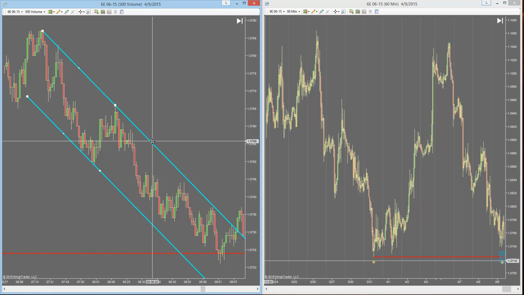It's just an illustrative channel here. This is what I'm looking for: if it stayed like this and we started making a higher low, and then it broke through 107.37 by more than a tick or two, so if it went to 39 or 40, then I'd probably just leave it on as it is.